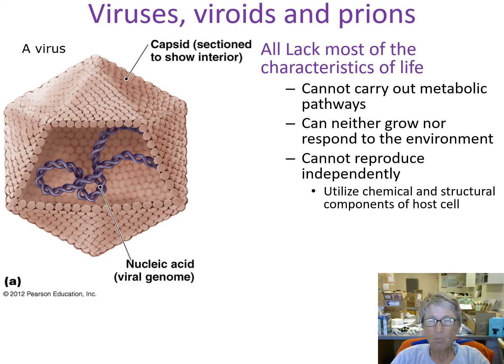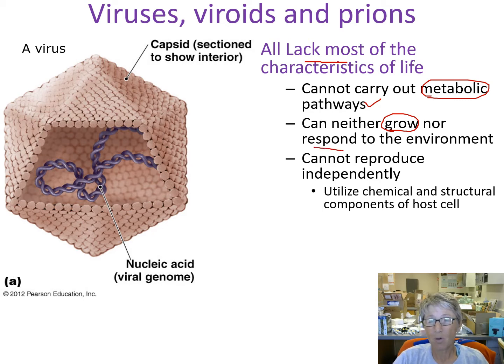Viruses, viroids, and prions together as a group, they all lack most of the characteristics of life. That means they cannot carry out metabolic pathways. So when you saw this word metabolic, I hope you thought glycolysis, Krebs cycle, and electron transport, because we talked about that previously. Viruses cannot grow. They can make more of themselves, but they can't grow.